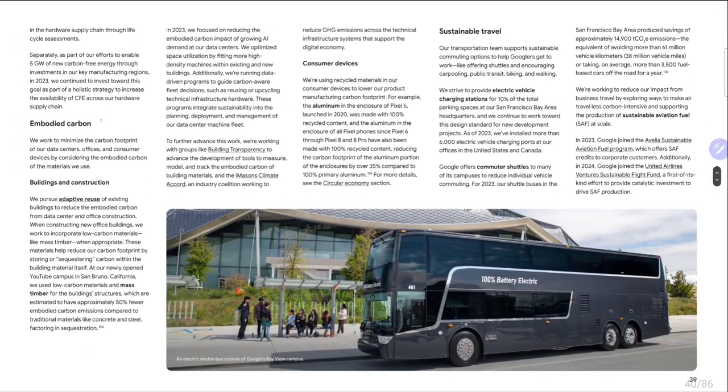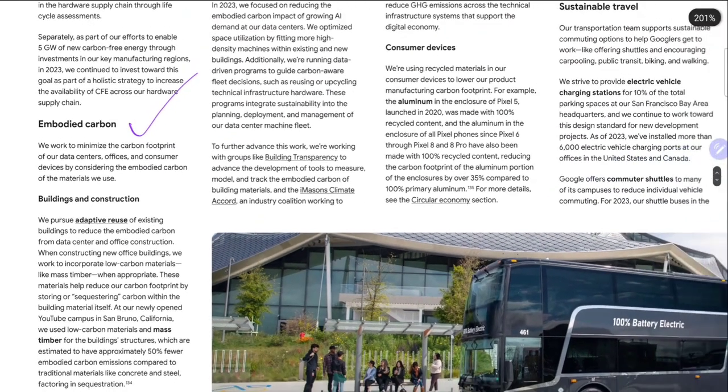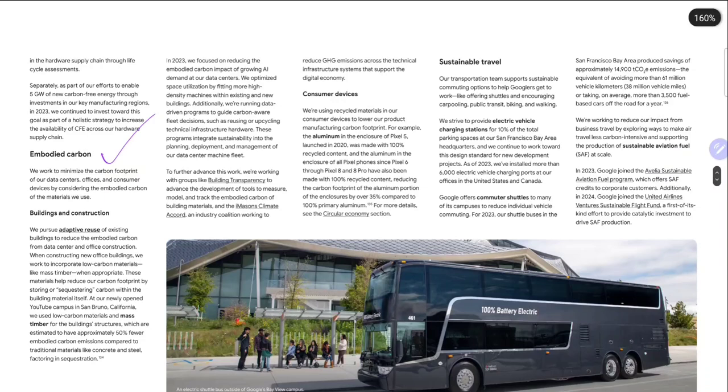Now this is about embodied carbon, and in this we say we work to minimize the carbon footprint of our data centers, offices and consumer devices by considering the embodied carbon of the materials being used. Then relevant efforts related to building and construction.